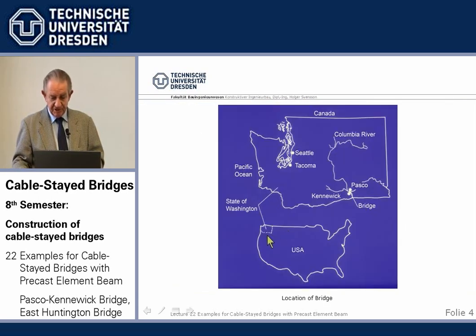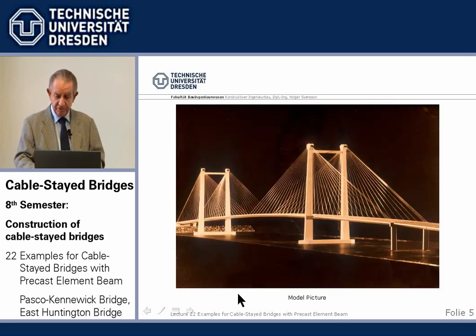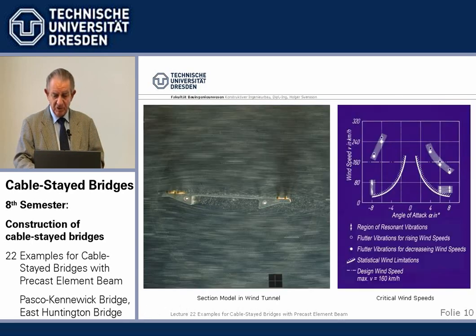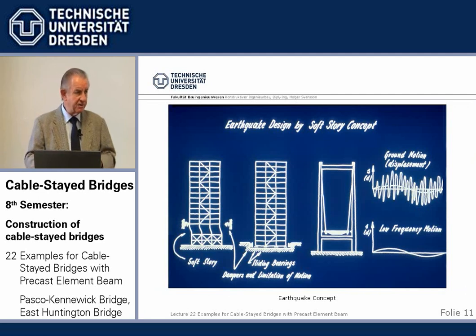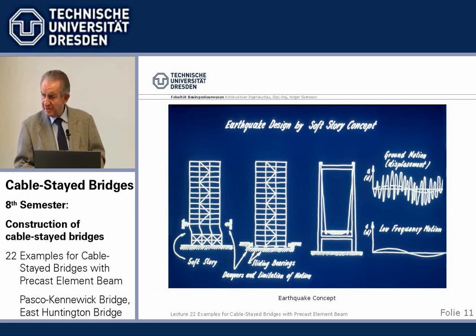Here comes Oregon, and then comes California, Baja, until down here. Now we are quite a bit removed from the San Andreas Fault and all that, but still there is earthquake danger, which is stated in the codes. H2 gives a certain acceleration. So what to do against earthquake?